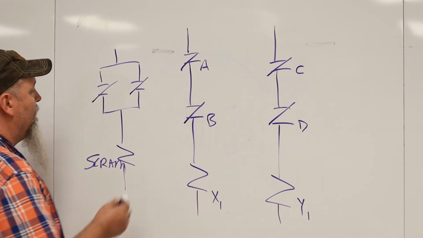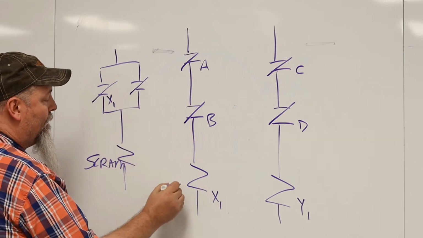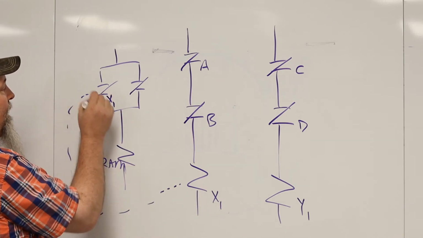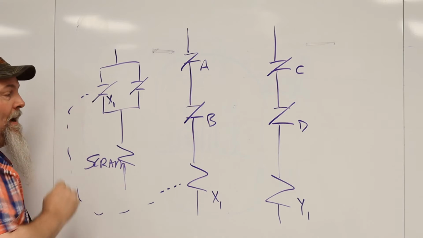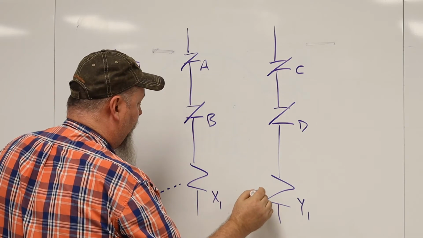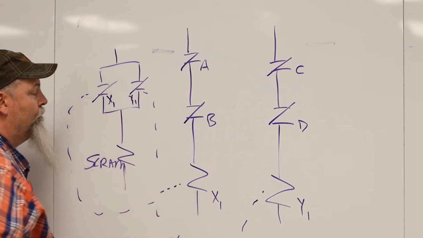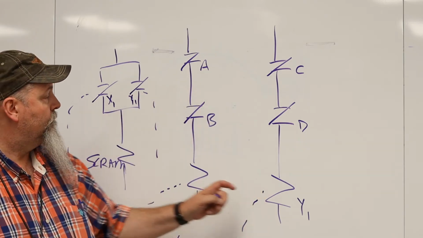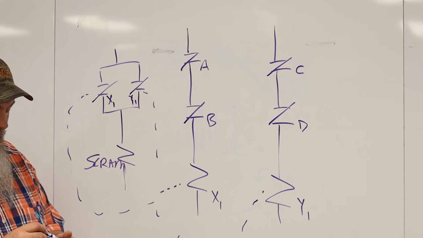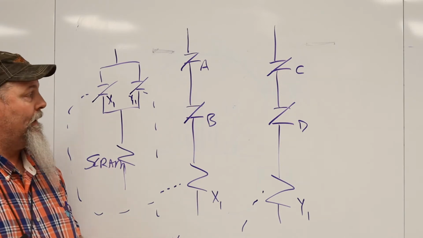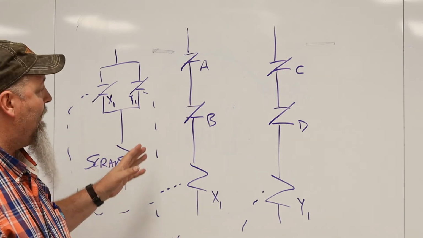This X-ray 1 relay energized is keeping the X-ray 1 contact closed. And then the same for the Yankee 1. Now, so 1 out of 2 taken twice, de-energized to actuate.